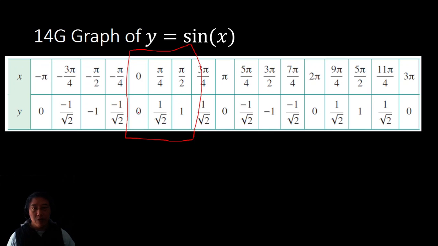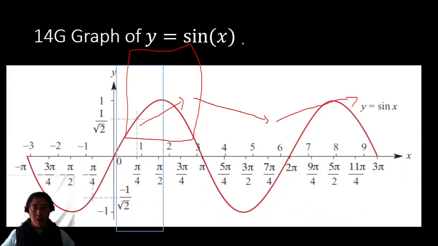We'll get those values. So it goes from 0 to 1 over root 2 and up to 1. So it's increasing, the curve is going up, and then it starts going back down to -1, and it keeps going back up. So that's what it would look like.